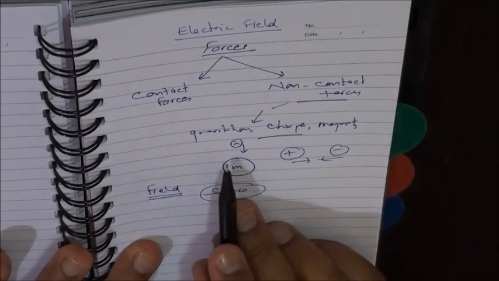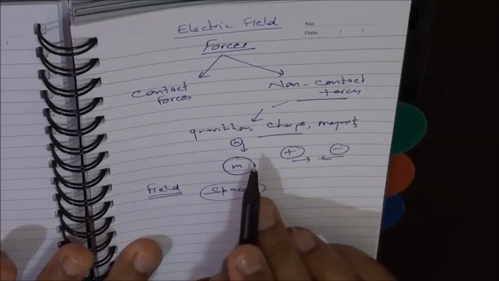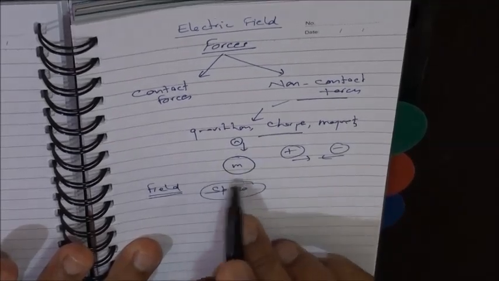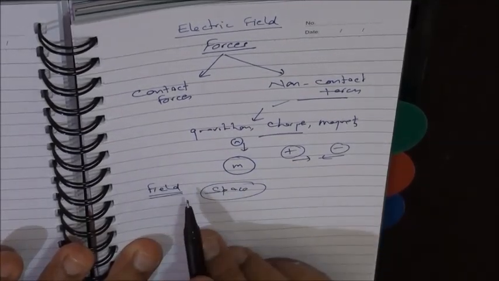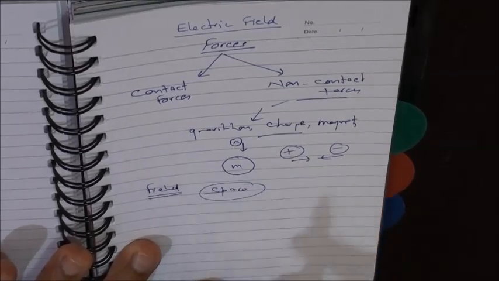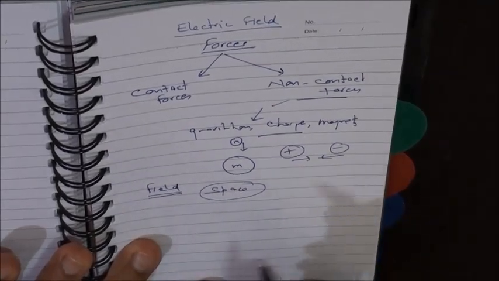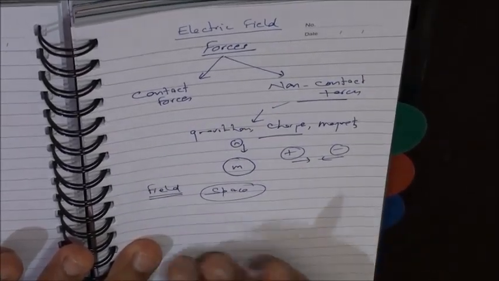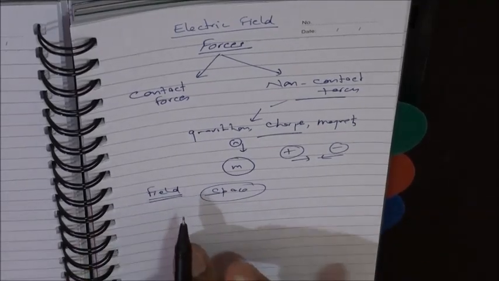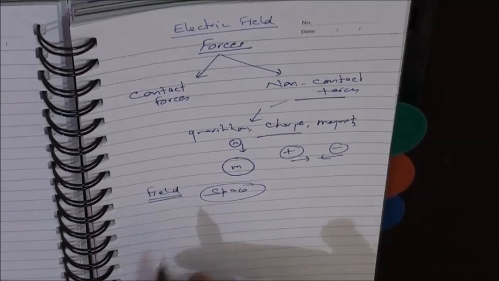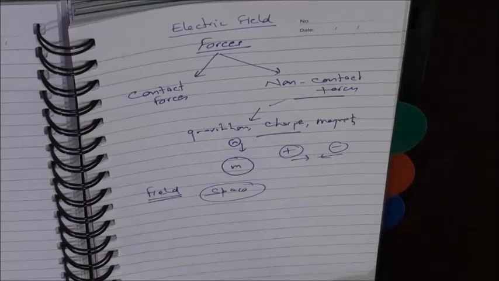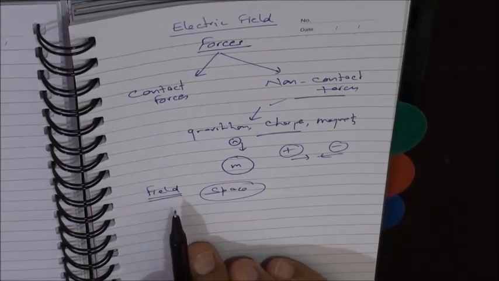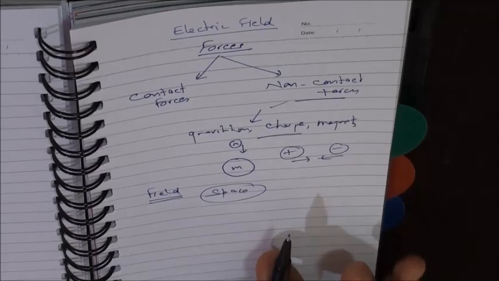The region around a mass is called its gravitational field. The region around a charge is called the electric field. The region around a magnet is called the magnetic field. That is the meaning of field.